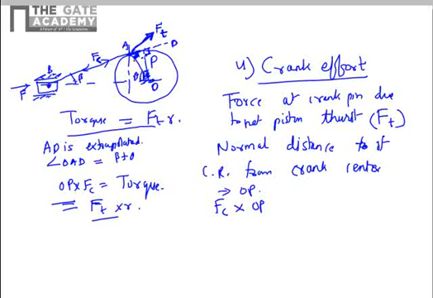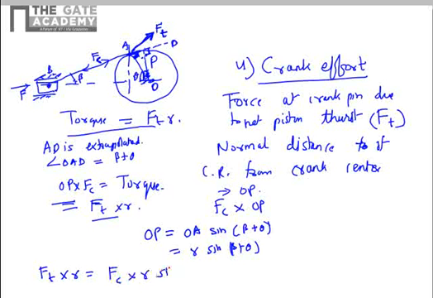So from this triangle, we saw that the angle OAD is equal to theta plus beta from the law of exterior angle, and therefore OP will be equal to OA sine (beta plus theta), that is angle OAD. This OA quantity is R. So substituting in this relation, we get Ft into R is equal to Fc into R sine (theta plus beta).